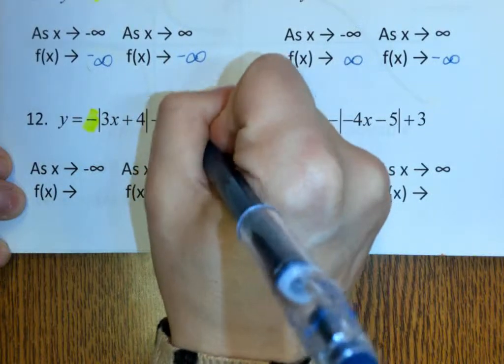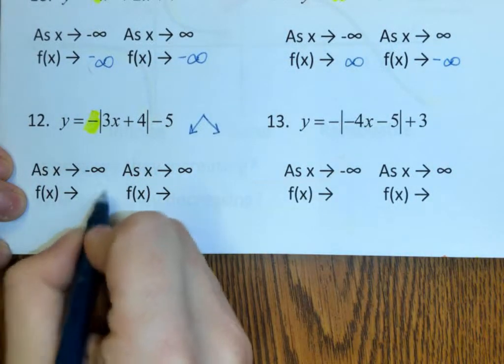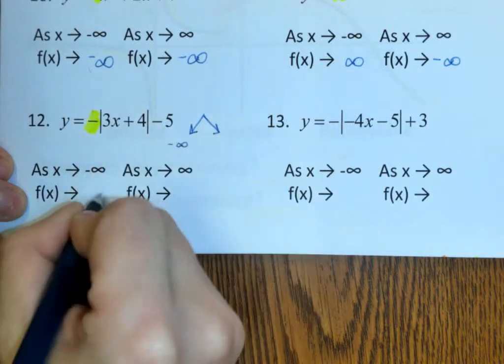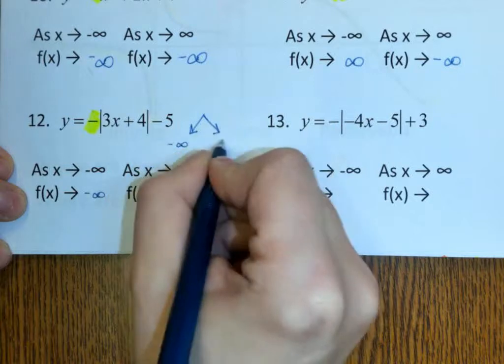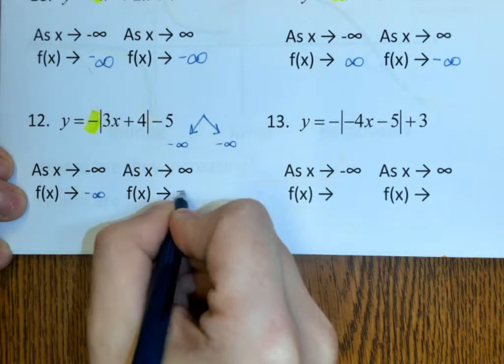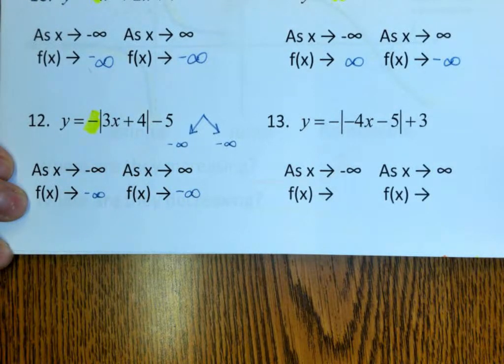Open down. It's reflecting down. So what is this number going to be? Because as I go to the left, it's going to negative infinity. And as I go to the right, also negative infinity. So an absolute value is kind of like an even function.